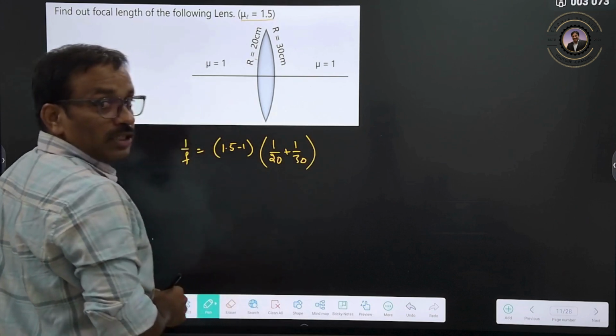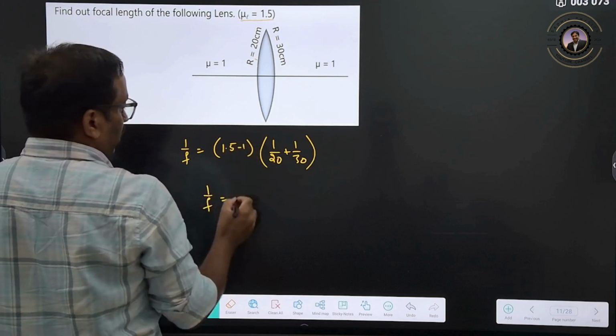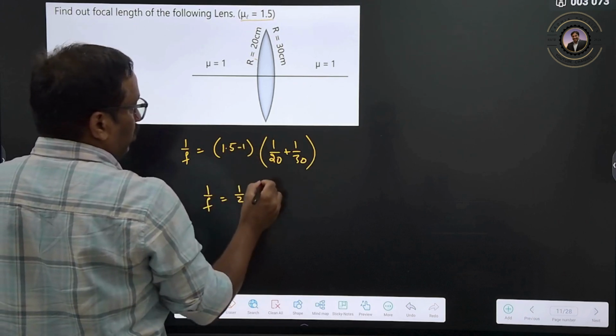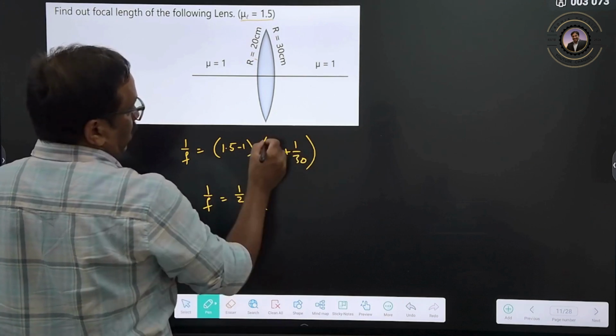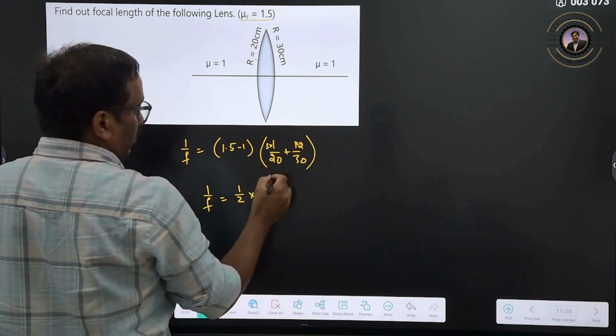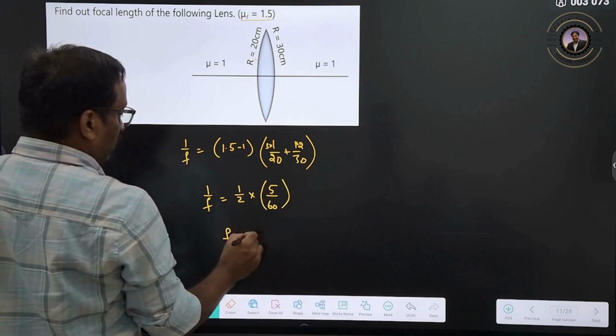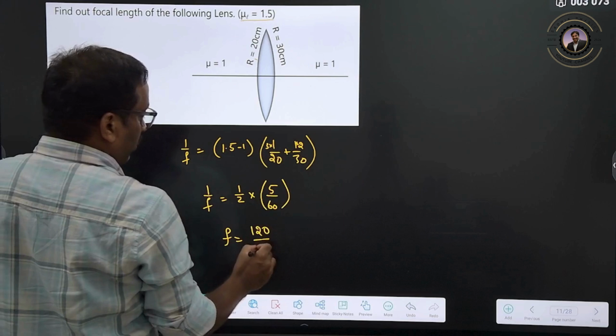Clear? So we can use the lens maker formula. 1 by F equals 0.5, which is 1 by 2, into multiply 3 and 2, so 5 by 60. So the focal length equals 120 divided by 5.